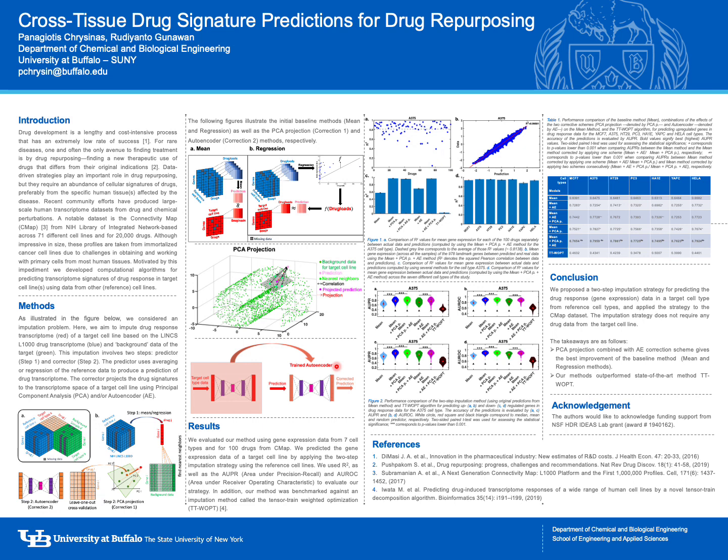Now, we wanted to evaluate our method, and to do that, we used the gene expression data from the CMAP dataset for 7 different cell types and 100 drugs, measured for 978 genes. In addition, our method was benchmarked against an imputation method called tensor train weighted optimization, abbreviated as TTWOPT.